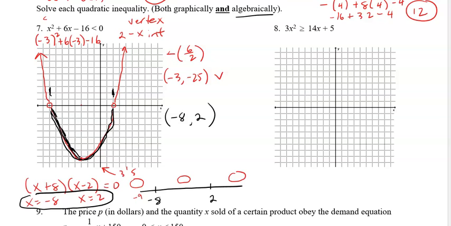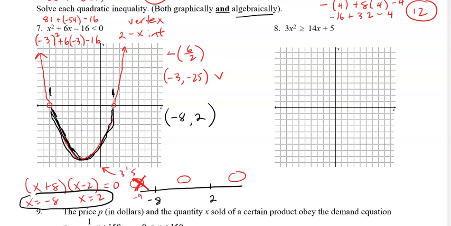So -9 squared is 81 plus 6 times -9, that's -54 minus 16. So is that a negative number? 81 minus 54 is 27 minus 16 is 11. All right, so what I've proven here is the numbers left of -8, less than -8, do not work.